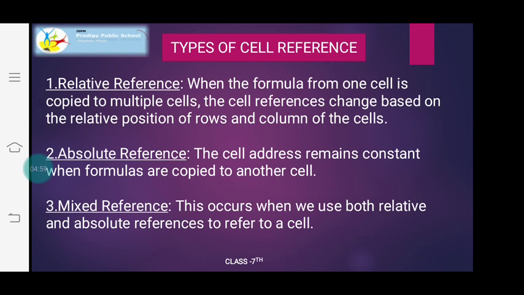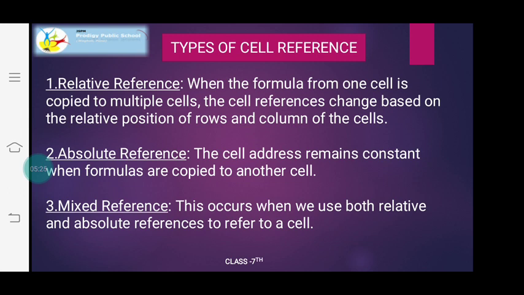Now relative reference. When the formula from one cell is copied to multiple cells, the cell reference changes based on the relative position of rows and columns of the cells. Now absolute reference. The cell address remains constant when formulas are copied to another cell.